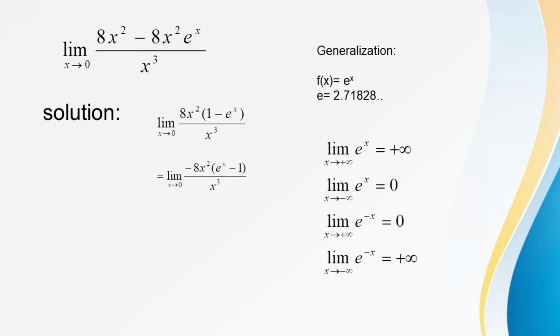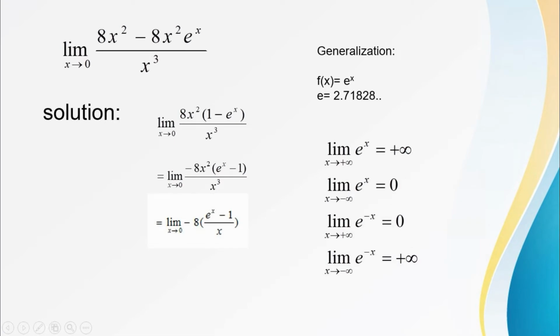Next, we simplify the numerator and denominator by subtracting the exponents of both. Then we have negative 8 times the quantity e to the power of x minus 1 all over x. Now that we have encountered the quantity e to the power of x minus 1 all over x, remember that we must follow what is stated in the generalizations, which means that its evaluation is equal to 1.